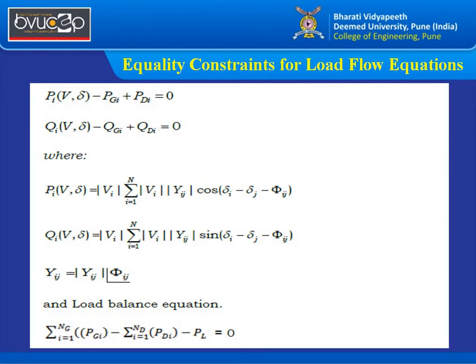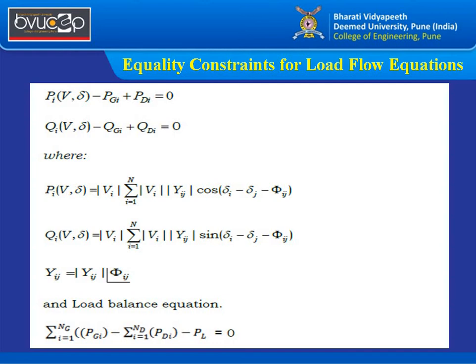Now the equality constraints which are applicable for the load flow equations are the active and reactive power. You can see that it is a function of voltage and del, minus PGi plus PDi. The summation of all this should be equal to 0. PD is on the load side, PG is on the generator side.